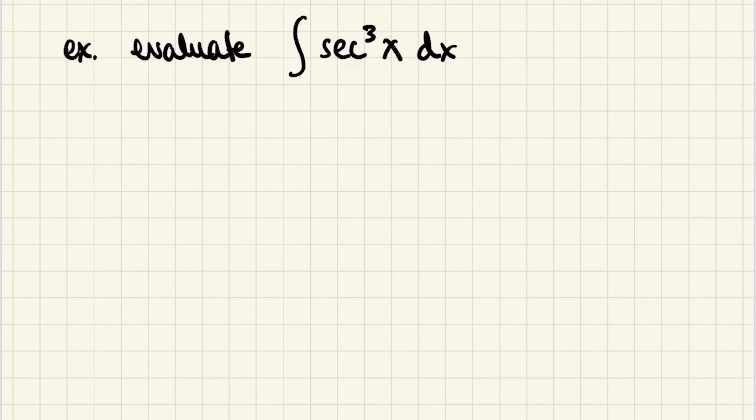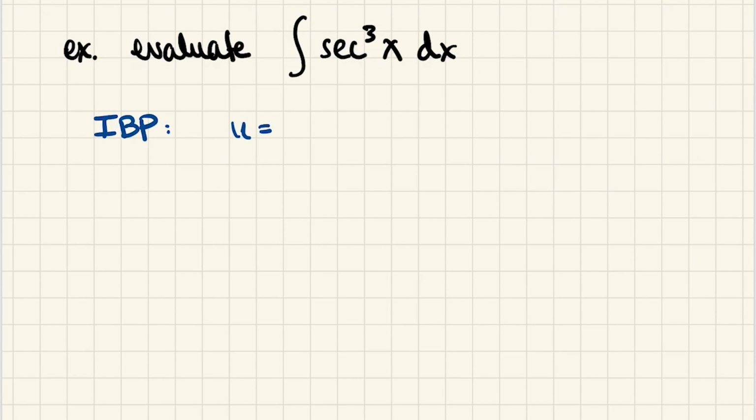Okay, so here we have an odd power of secant and an even power of tangent. Well, that's a power of 0 because tangent's not even present, but 0 is still even. The suggestion is to use integration by parts. And what we're going to do for integration by parts is we're going to let u be everything except for secant squared, which we're saving for dv.